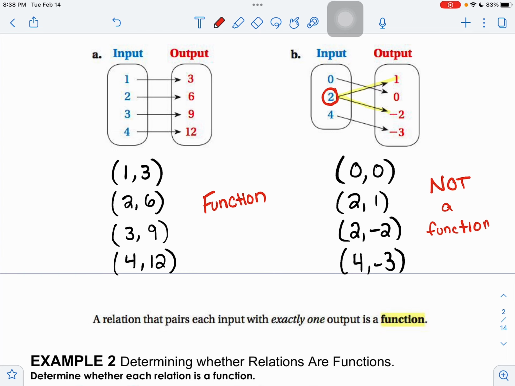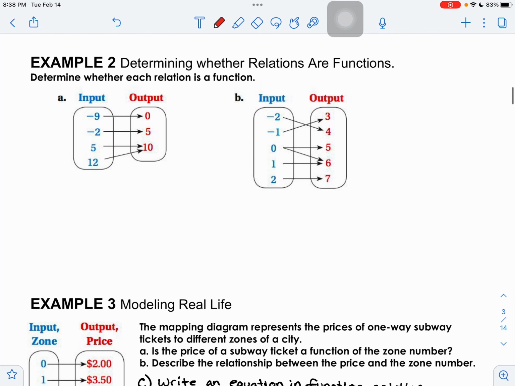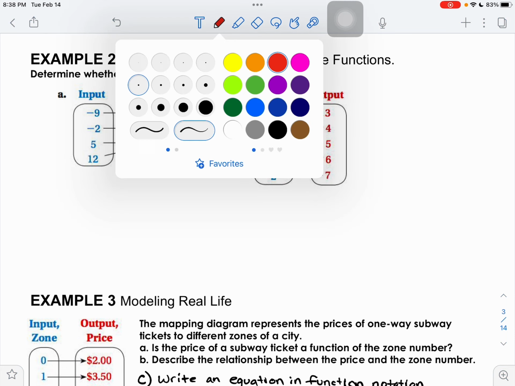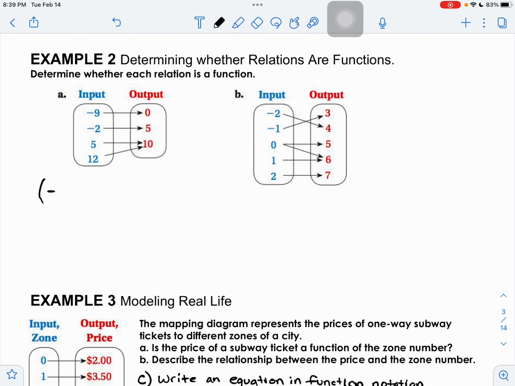All right, so let's try looking at the examples below. Same thing: if I am looking at each input paired with the outputs, here -9 is paired with 0, -2 is paired with 5, 5 is paired with 10, and 12 is also paired with 10.